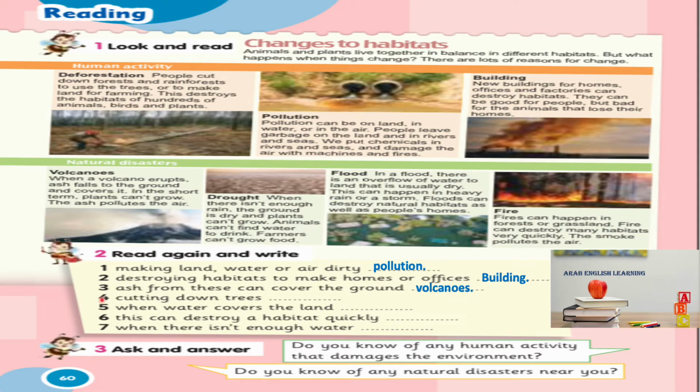Volcanoes. 4. Cutting down trees. Deforestation. 5. When water covers the land. Flood. 6. This can destroy a habitat quickly. Fire. 7. When there isn't enough water. Drought.